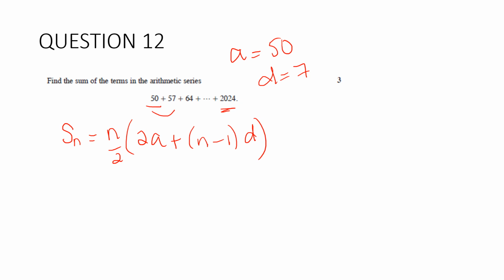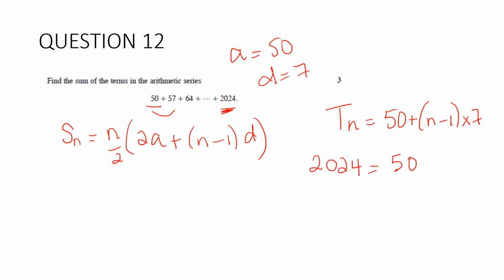So let's do term n is equal to 50 plus n minus 1 times 7, and this is equal to 2024. So 2024 is equal to 43 plus 7n.